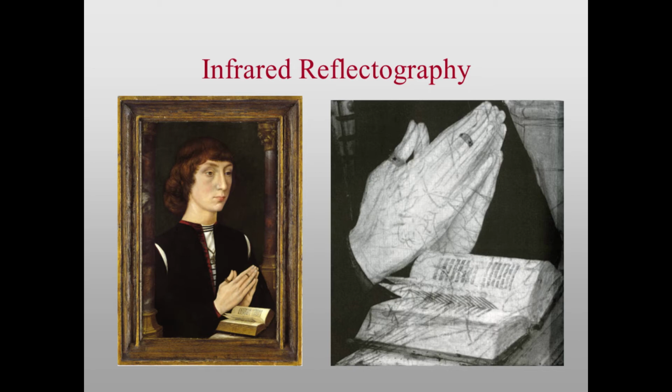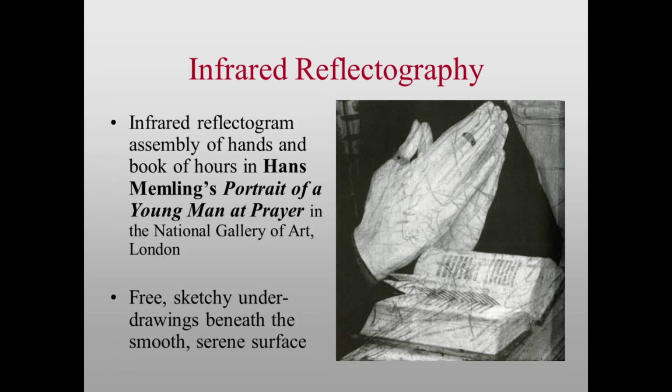And then, of course, painted the book on top. And once again, he sort of outlined where he's going to have it, but very, very freely. So that's really fun. It really does tell you about the working method of the artist, these very free, sketchy underdrawings beneath the smooth, serene surface.